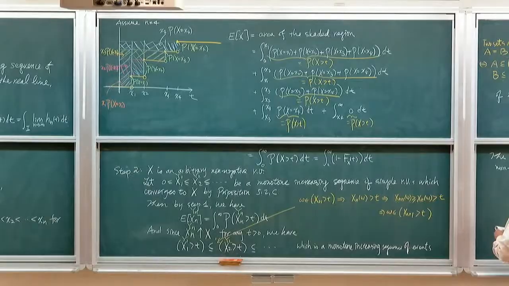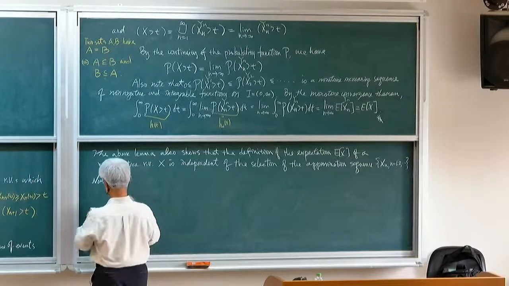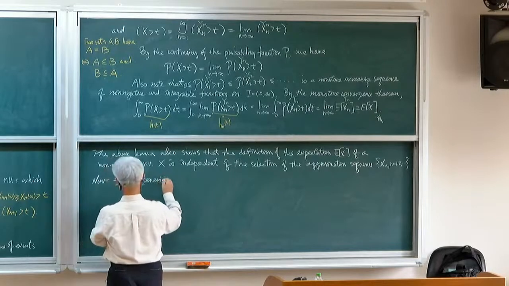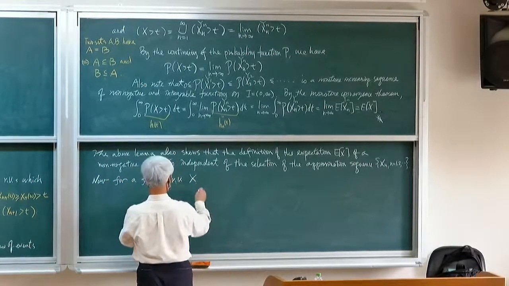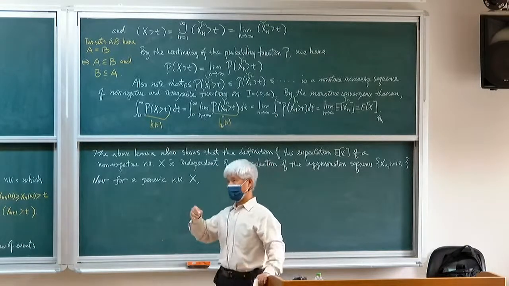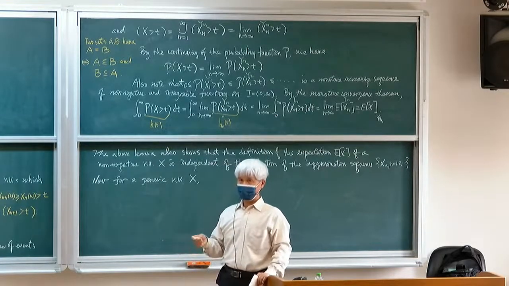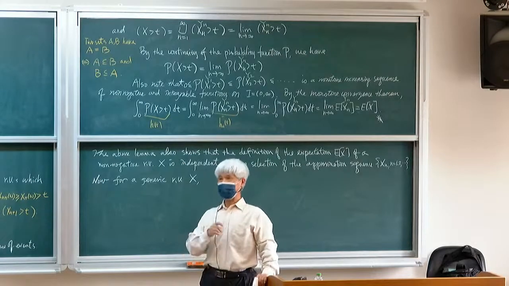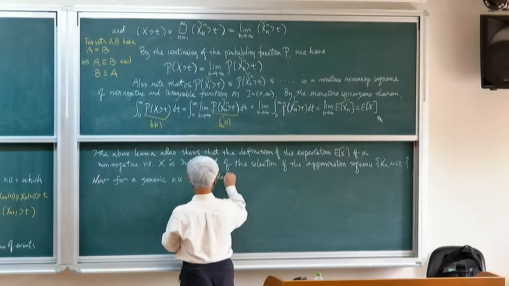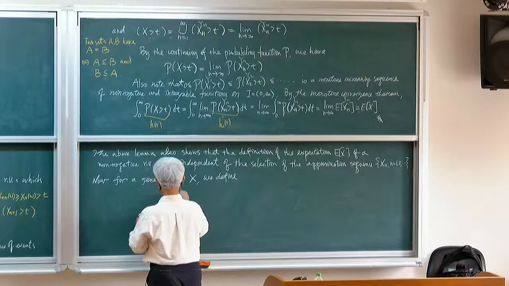All right, now our mission hasn't completed yet. So now we will consider a generic random variable X, arbitrary, which may have negative, zero, or positive values, discrete or non-discrete, continuous or non-continuous. And we define the positive part and negative part.